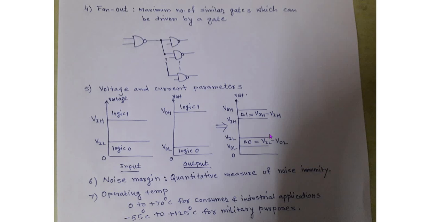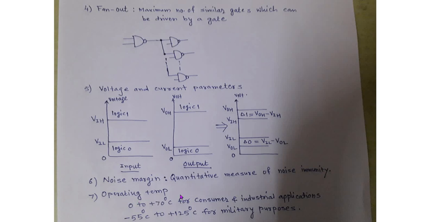Due to this unwanted signal, the voltage at the input to the logic circuit may drop below VIH or rise above VIL and may produce undesirable operation. The circuit's ability to tolerate noise signals is referred to as noise immunity, and a quantitative measure of noise immunity is called noise margin.